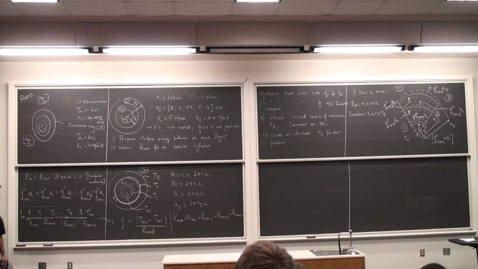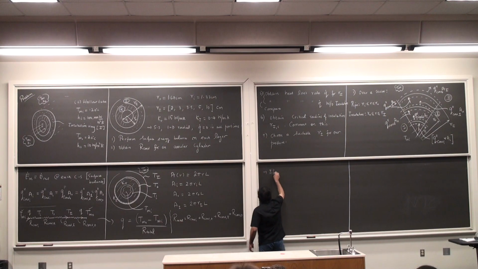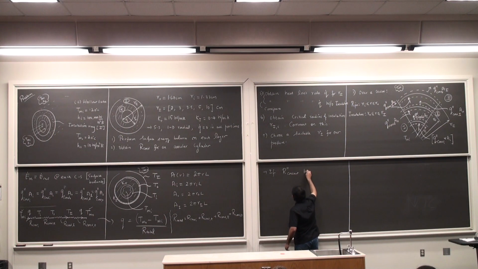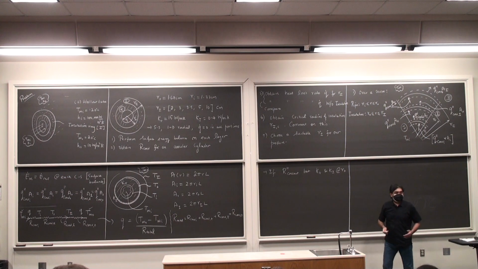If I had to include contact resistance, here is how the network would look. So if R double prime contact is between Kt and Ki at the radius R0, how would the network look?